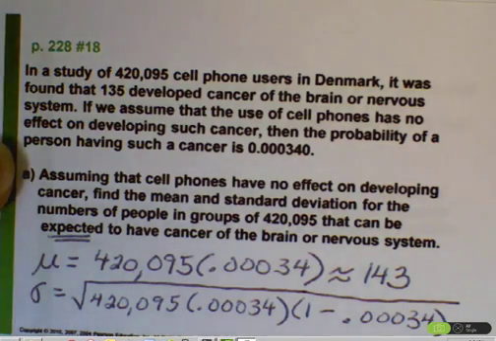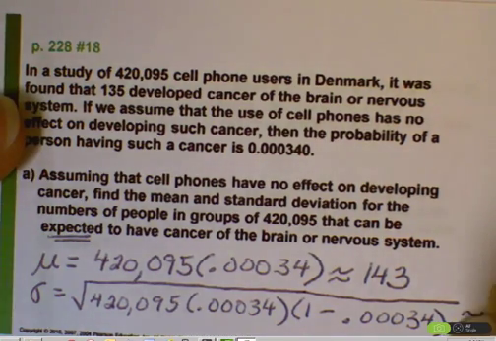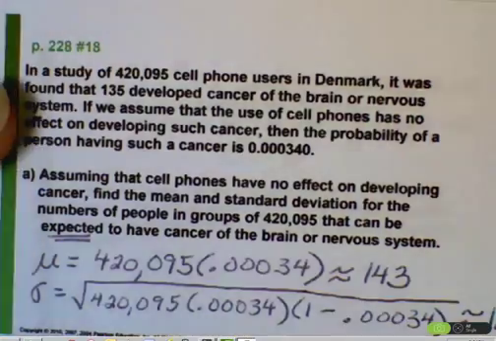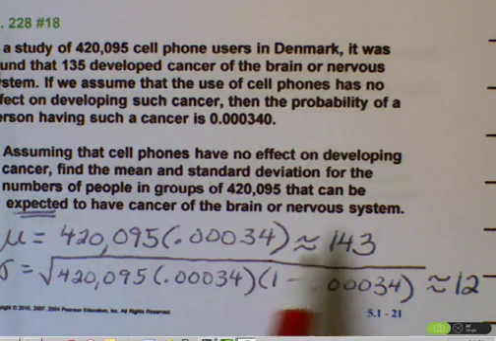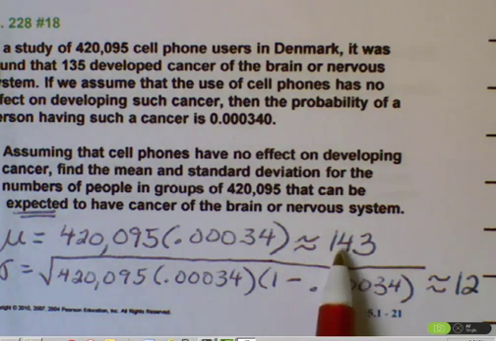And I got that to be about 12. Notice if one standard deviation is 12, then two standard deviations would be 24. So I really wouldn't be surprised if between 143 minus 24 or 143 plus 24 people had developed that cancer.